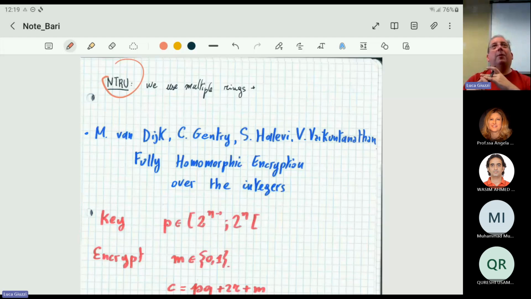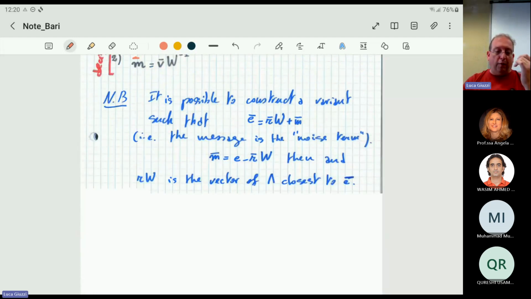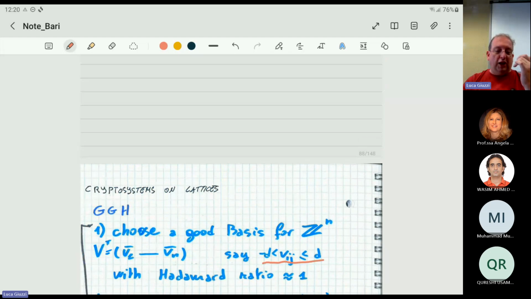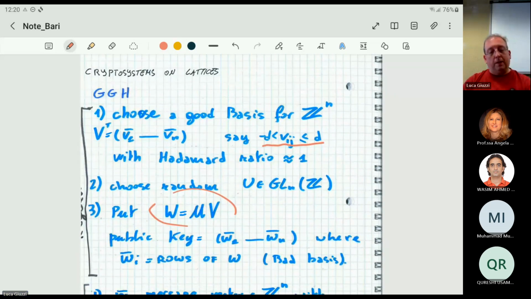The people actually proposing NTRU say it doesn't mean anything in particular, but okay. It is a family of protocols where we work with polynomials with integer coefficients in order to provide efficient encoding, something which is supposed to be more efficient than the GGH algorithm.